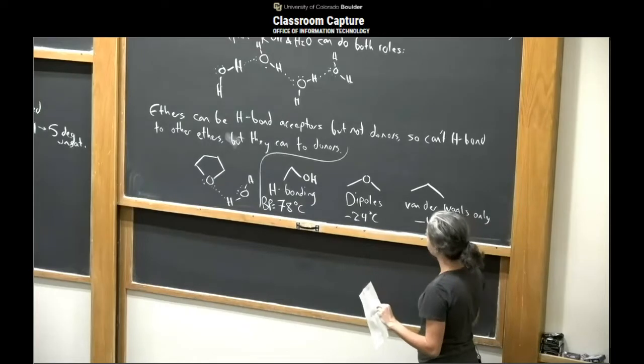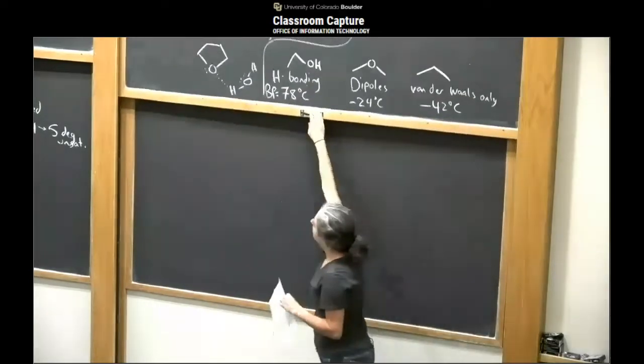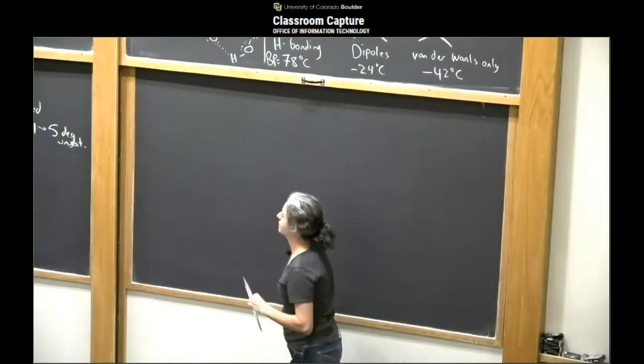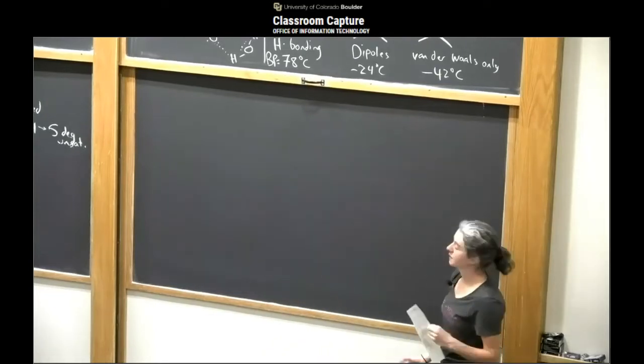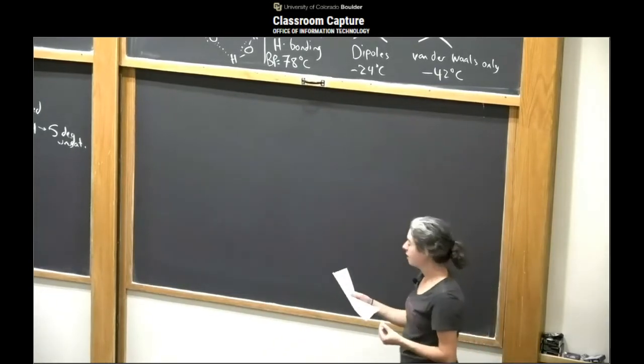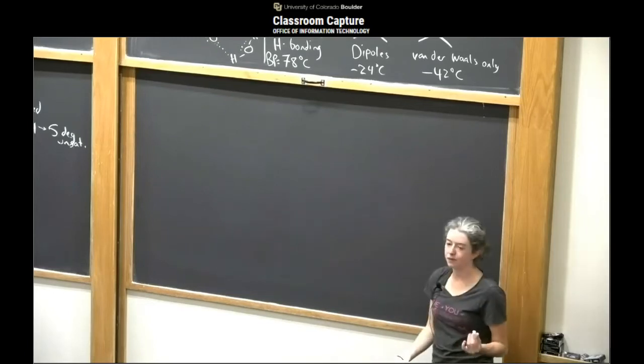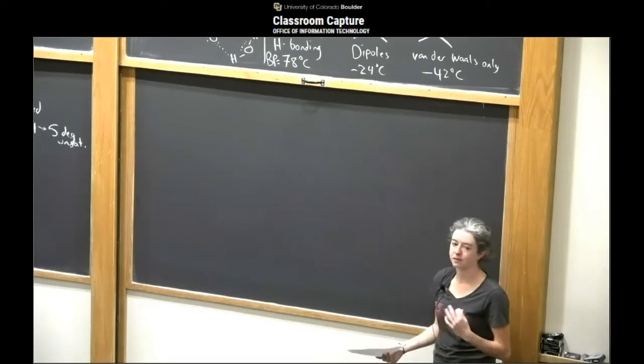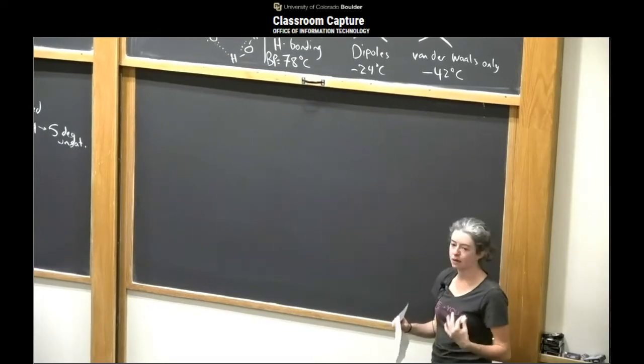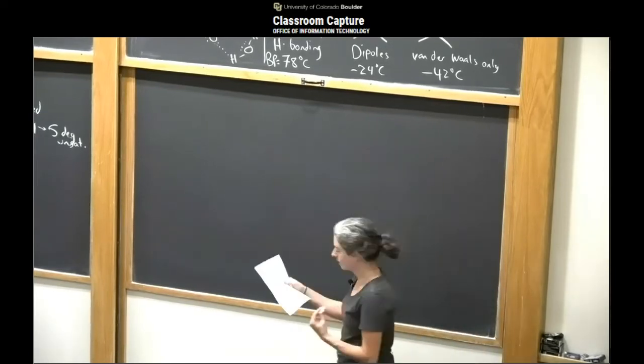So, what this means for us in terms of actual physical applications in lab. So we've looked at a few cases of solvents being used for reactions, but we haven't really talked about why we would pick a particular solvent yet.